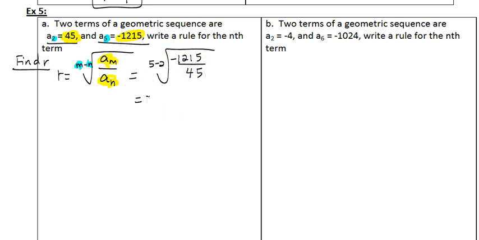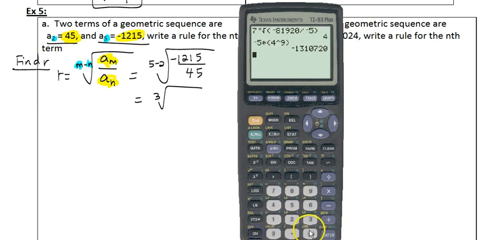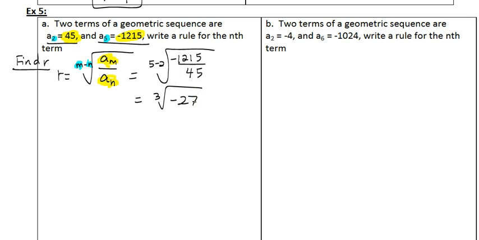So I am going to find right now the cubed root, and then negative 1,215 divided by 45 is negative 27, so the cubed root of negative 27 is negative 3. So my r right now is negative 3.